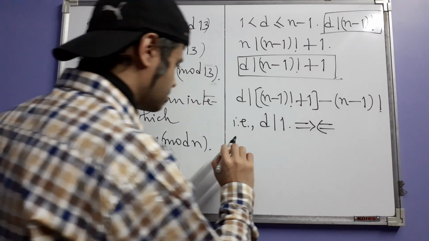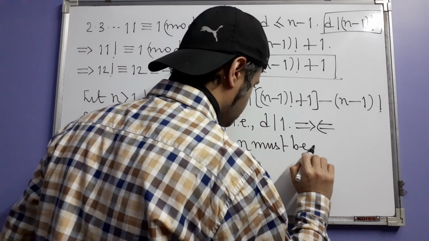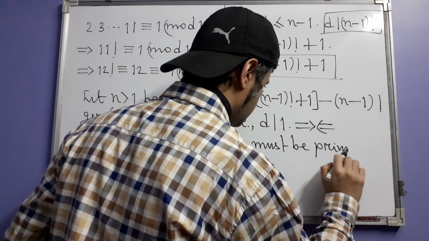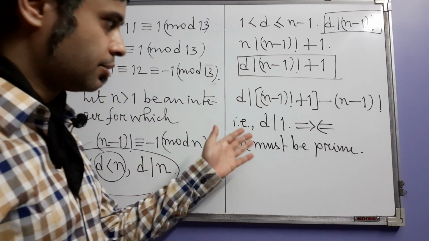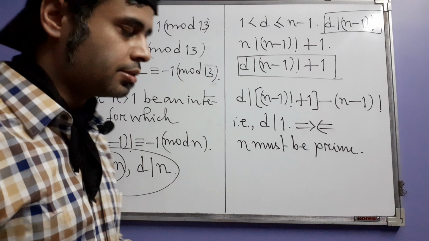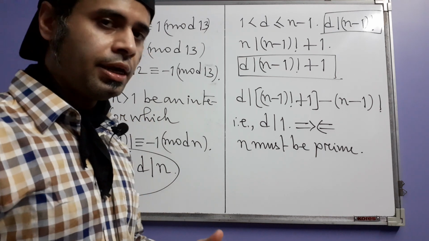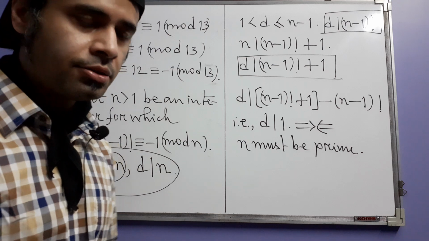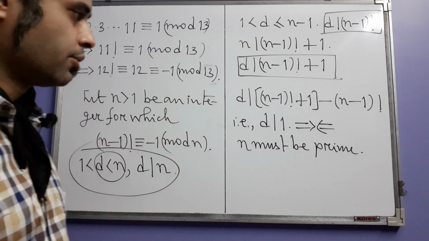So n must be prime. So combining Wilson's theorem and this converse, we can say this: for any positive integer n greater than 1, n is a prime if and only if n minus 1 factorial is congruent to minus 1 modulo n.